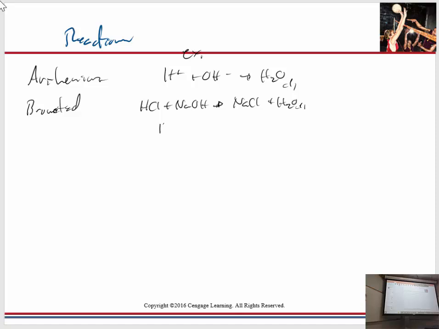So for example, we could have HCl gas, hydrogen chloride gas plus ammonia gas. And this forms ammonium chloride solid. So it need not be aqueous like Arrhenius. That would be a Bronsted example. Lewis, all of the above are Lewis.